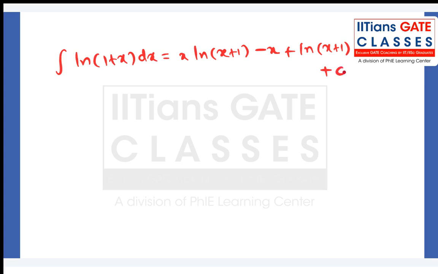Okay, but since we are doing definite integral between 0 to 1, that c we need not worry about. So here, if you put 1 upper limit, this will be ln 2 minus 1 plus ln 2.